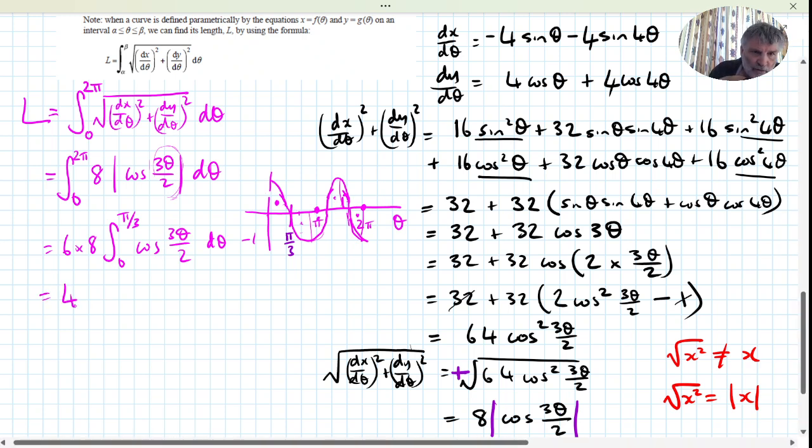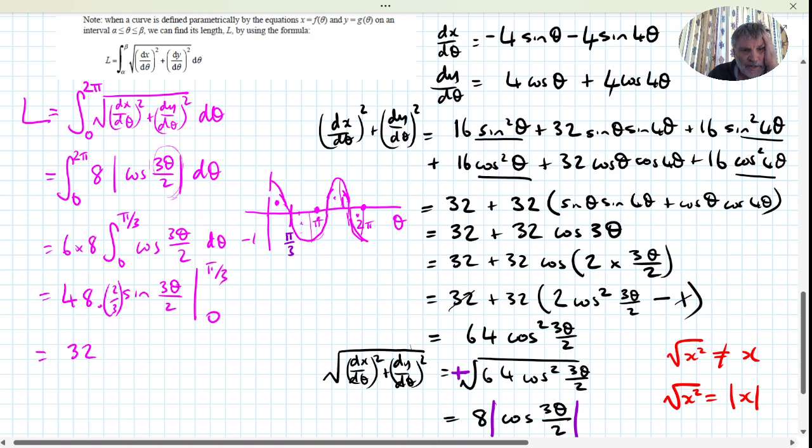Then we get 48. Integrate cosine, you get sine. Divide by the 3 over 2, same as multiplying by 2 over 3. And evaluate at pi over 3 and 0. 48 over 3 is 16, times 2 is 32.